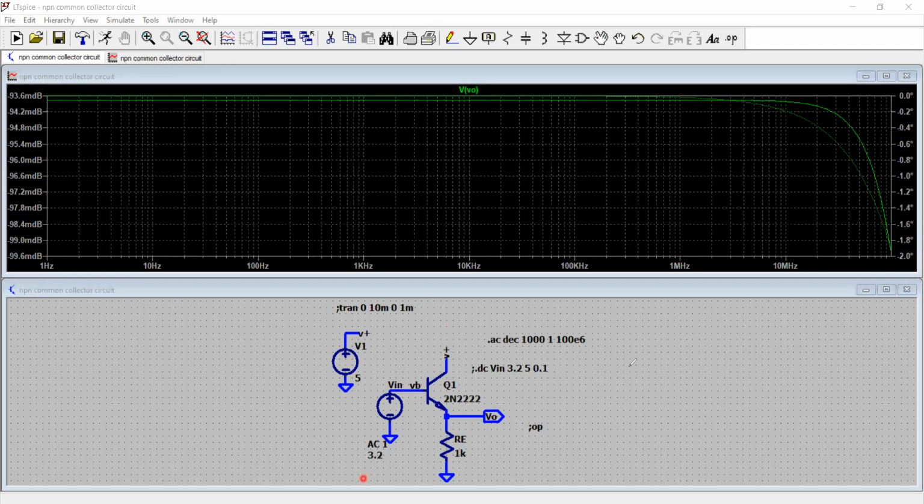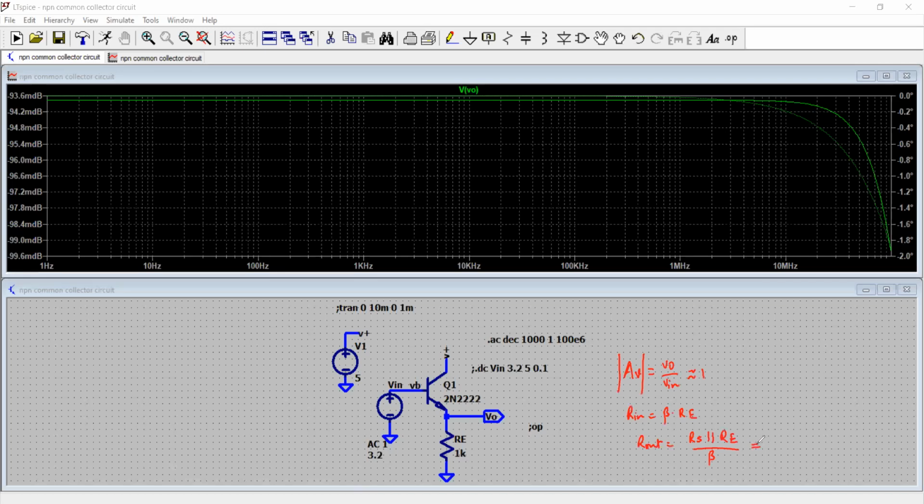We've said that the small signal voltage gain, which is the ratio of V output divided by V in, is approximately 1. And R in for this circuit was beta times RE, and R out of this circuit was RS in parallel with RE divided by beta.